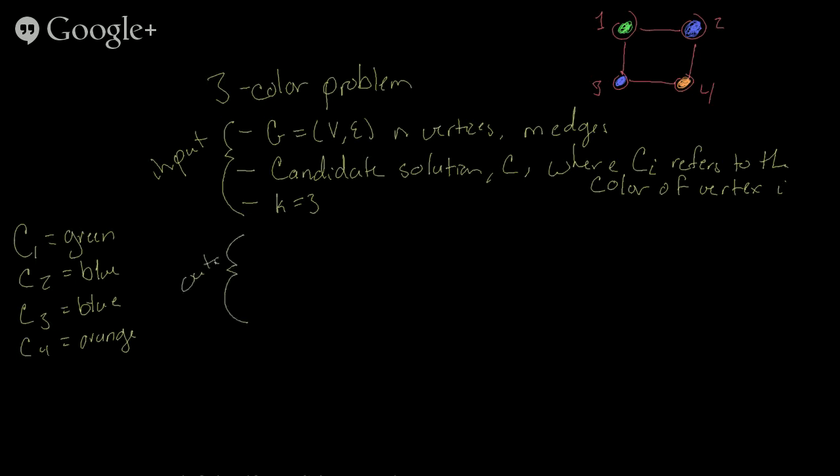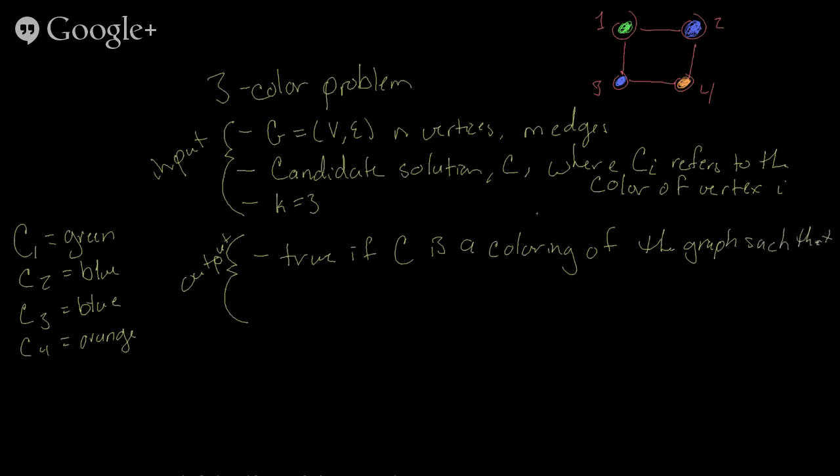And your output is going to be true if C is a coloring of the graph such that, what do we need to know?